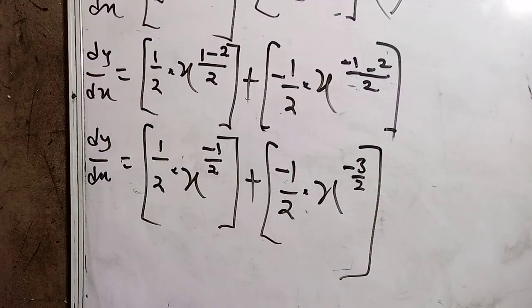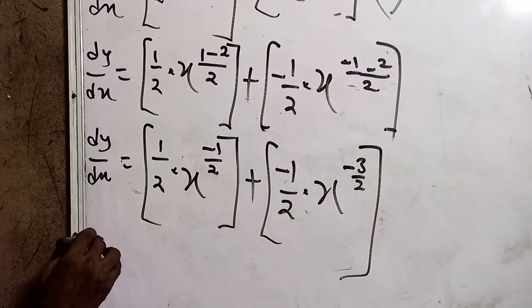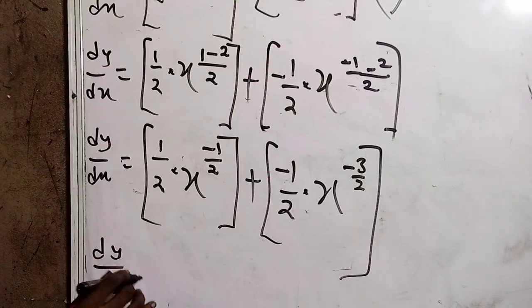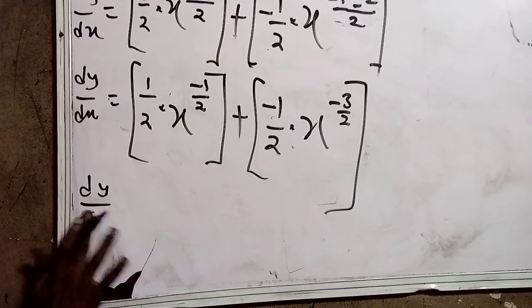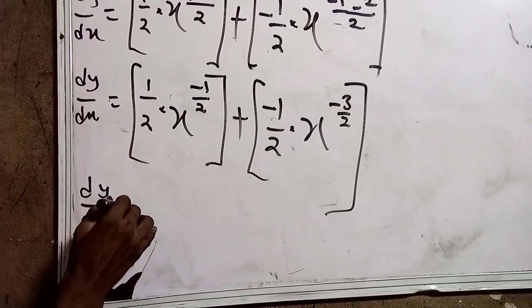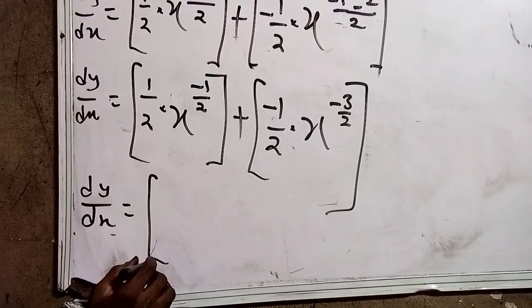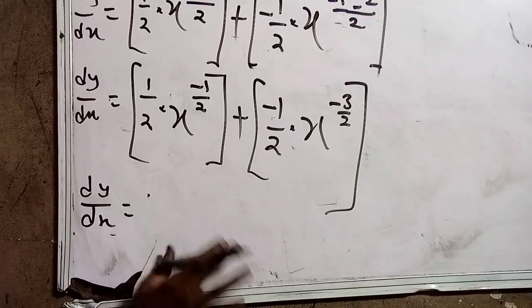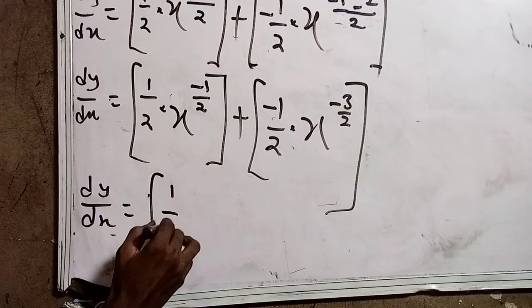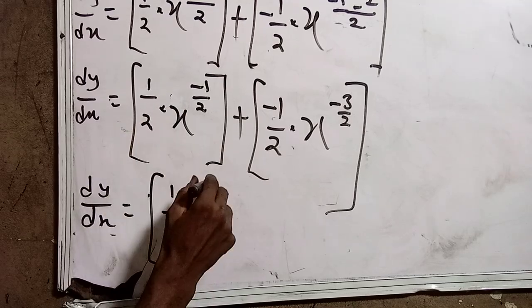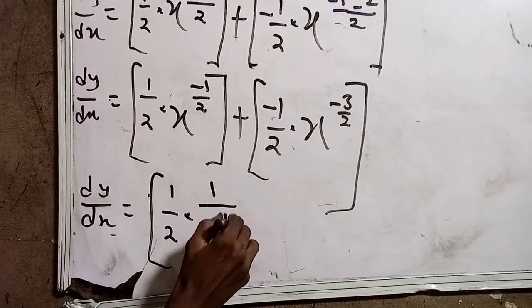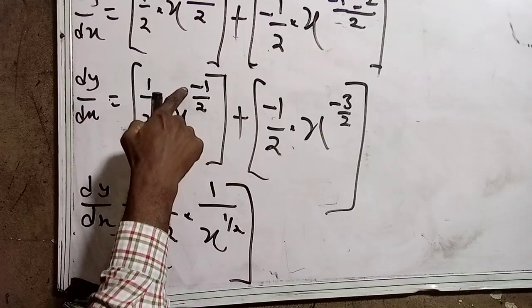Okay, so let's do it simply. So dy/dx will be equal to, yeah, we'll be having 1 over 2 times, I have minus 1 here, so this one can change to 1 over x to the power 1 over 2, due to this minus 1.